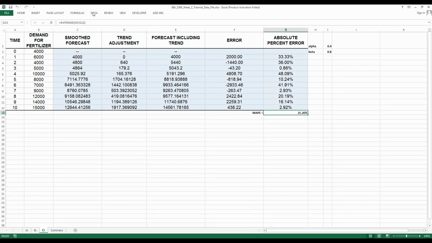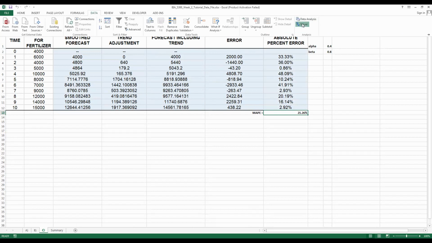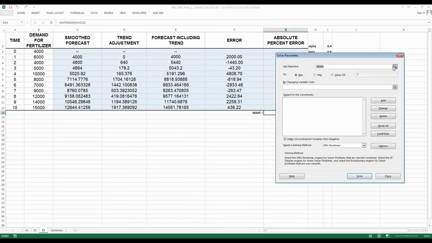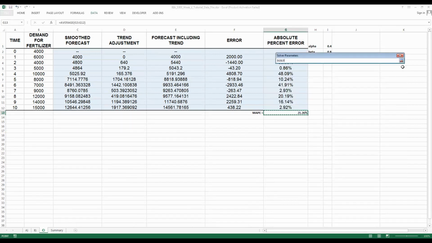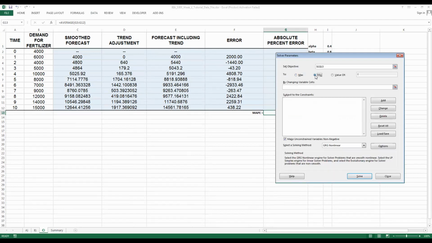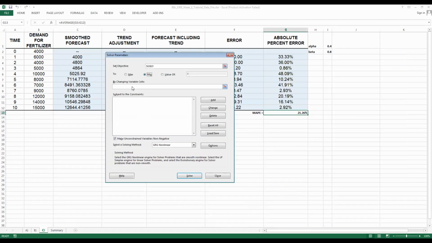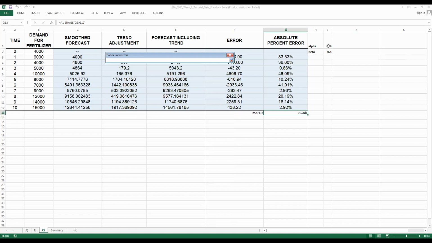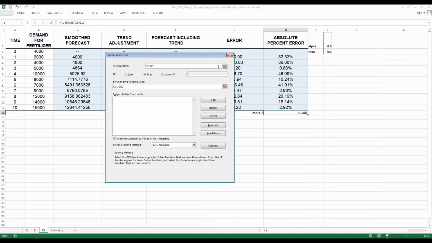All right, so again, we're going to go to Solver, set objective. Objective is going to be the MAPE. We're going to minimize it, and we're going to do that by changing the variable cells alpha and beta, 0.4 and the 0.8. Subject to the constraints, we're going to add a constraint.